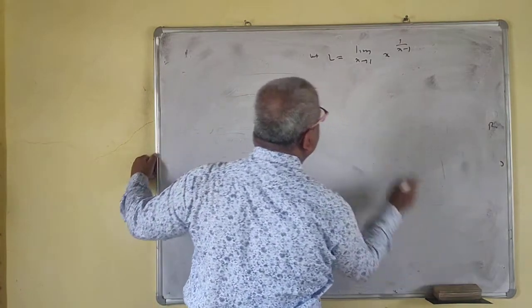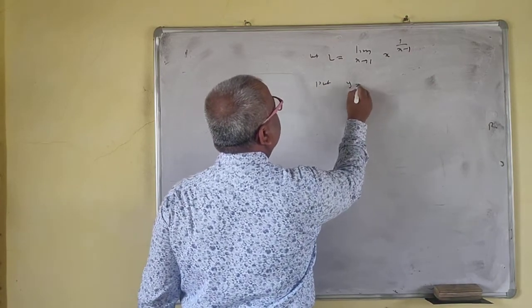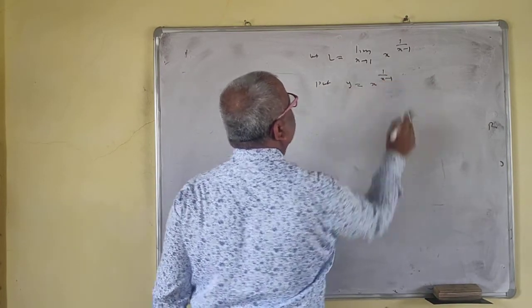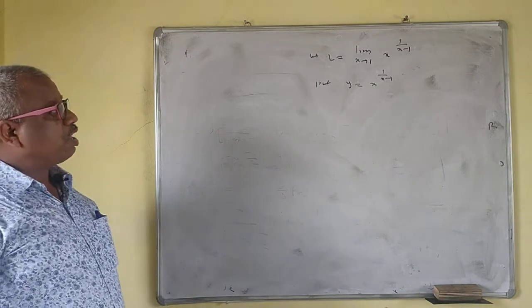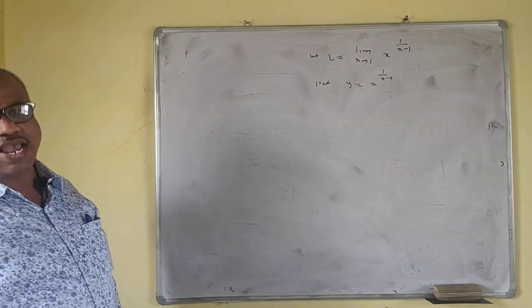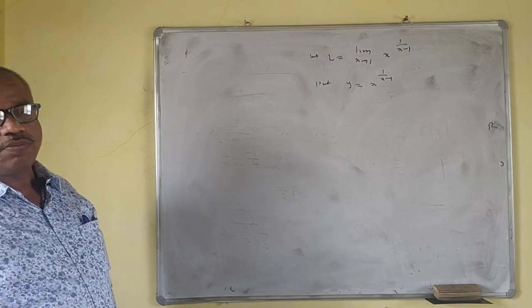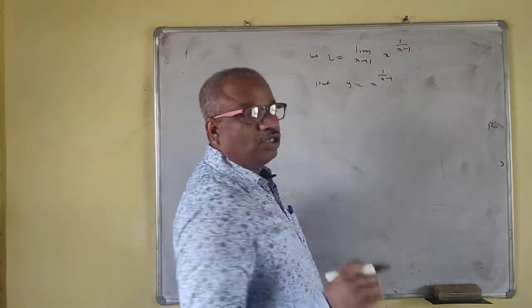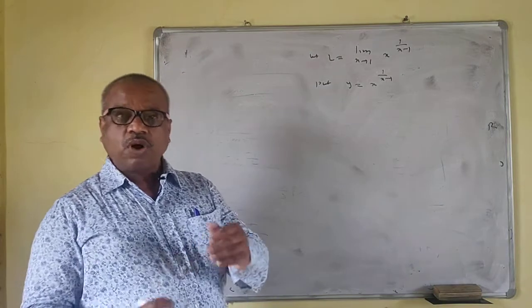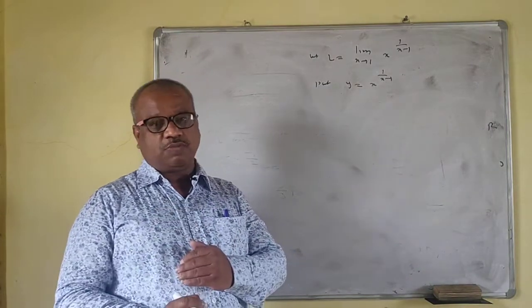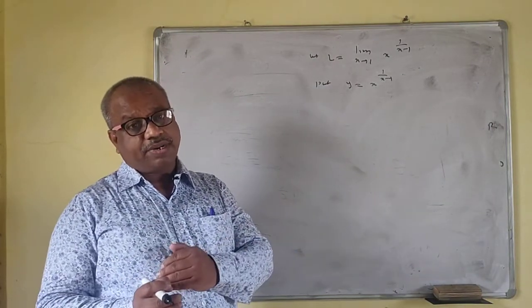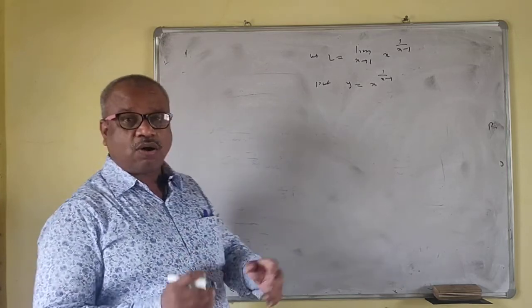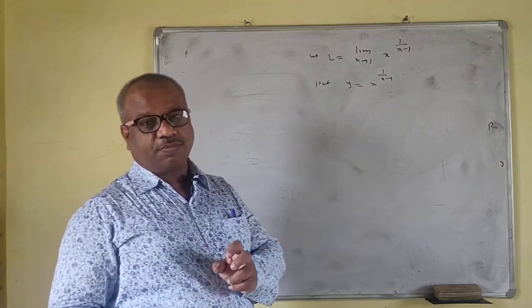Put y is equal to x to the power 1 upon x minus 1. You have to find the limit x tends to 1 of y now. But this is function to the power function form. So we want to remove that function to the power function form. Power to the power is there, so which has the power of that? Log has the power of that.